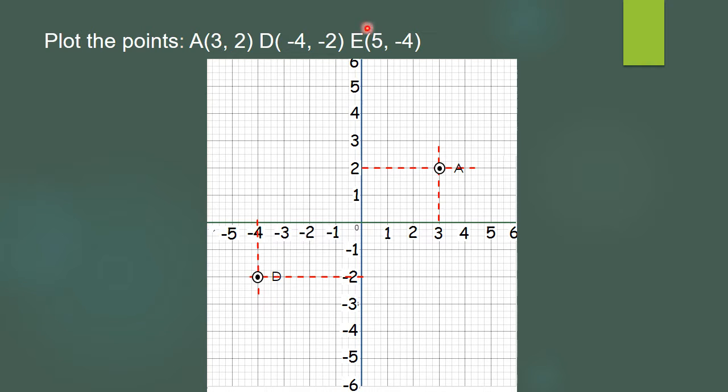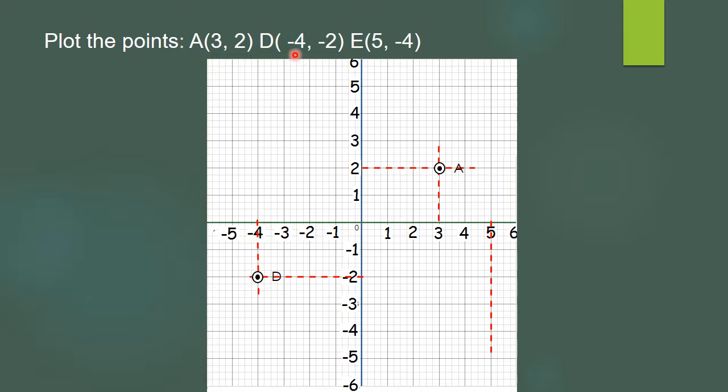Now for E, (5, minus 4). That is positive, negative. It means it is going to lie in the fourth quadrant. So first draw the line through 5 in the fourth quadrant, which is parallel to the y-axis.